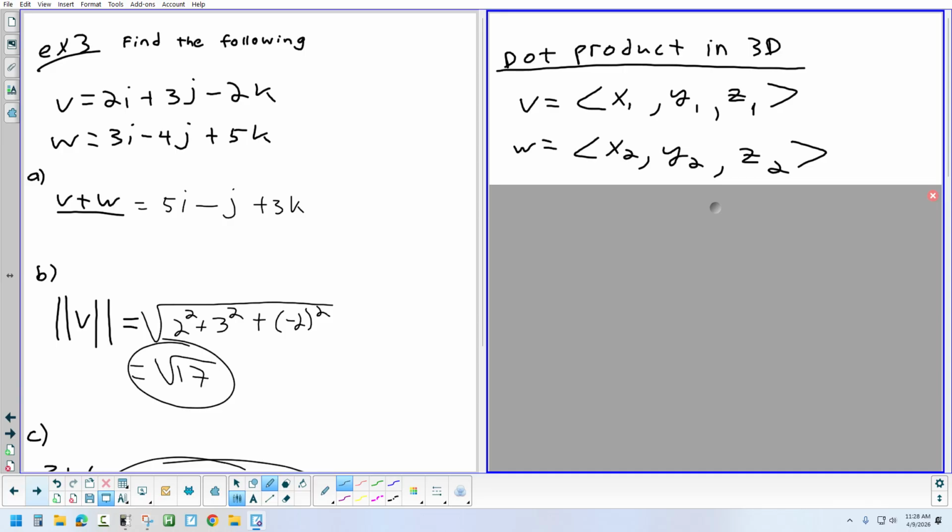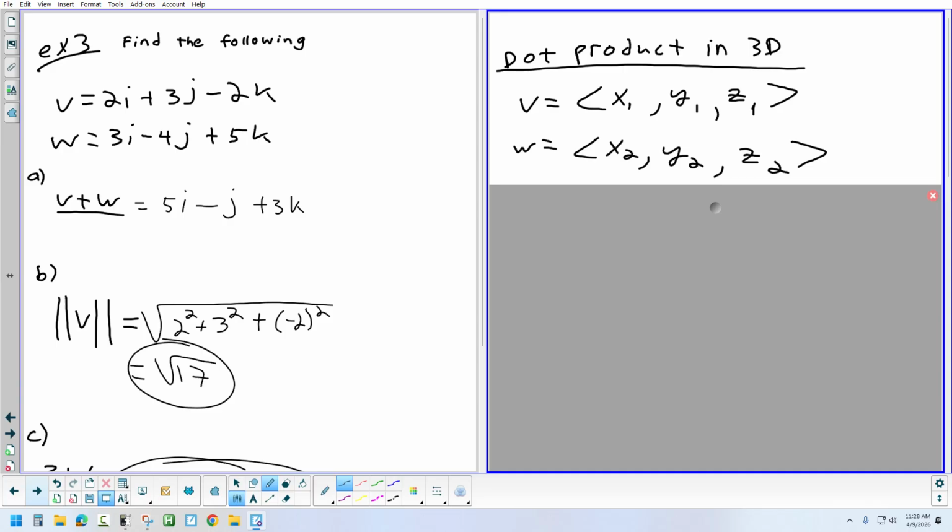What's the dot product in 2D, using those values up there? X1 and Y1, and then X2 and Y2.